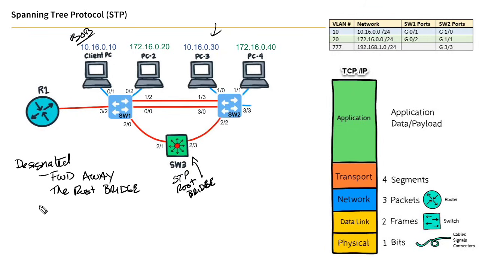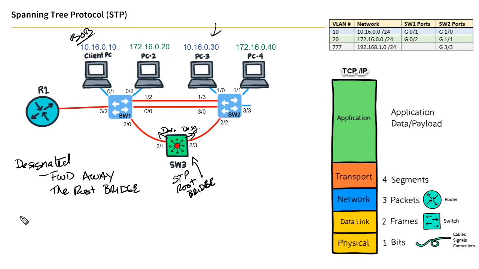On the root switch, because it is the root, it has the opportunity of having all designated ports. So if this had 20 ports, they would all be designated, because let's think about the definition. It's forwarding away from the root. It is the root, so everything leaving it is forwarding away from the root. So all of its ports would be designated.